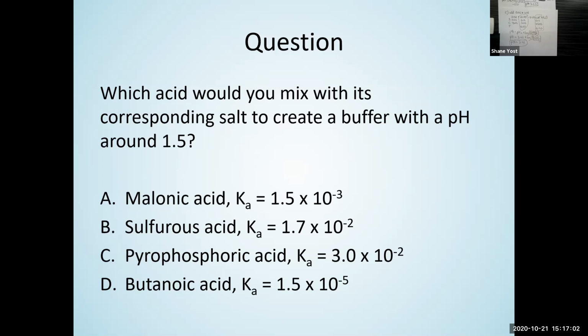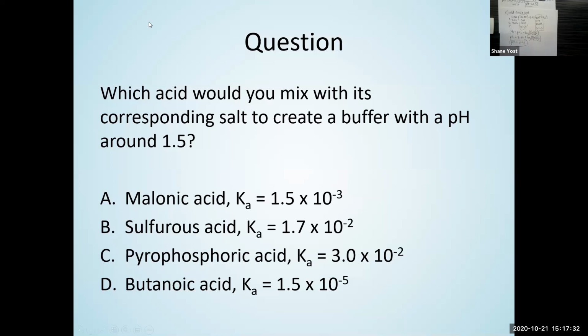That question is basically asking which of these weak acids has a pKa closest to 1.5, because that is going to be the best weak acid to use to form a buffer at a pH of 1.5. Like if I'm in a lab and I want a buffer at a pH equals 4, I want to pick a weak acid that has a pKa closest to 4.